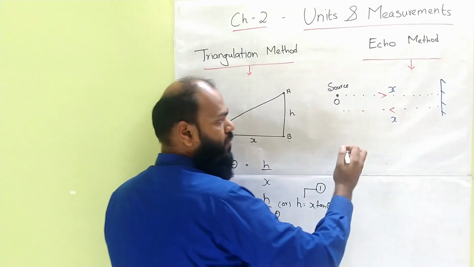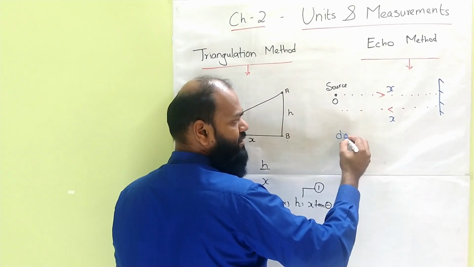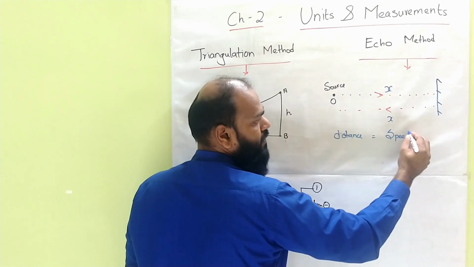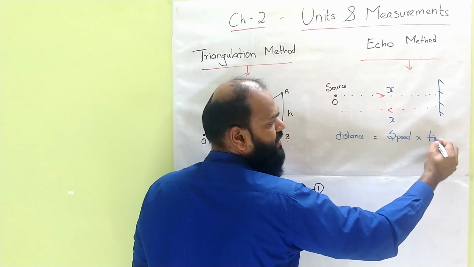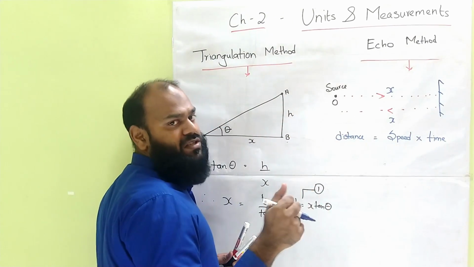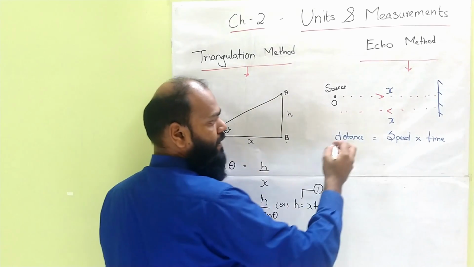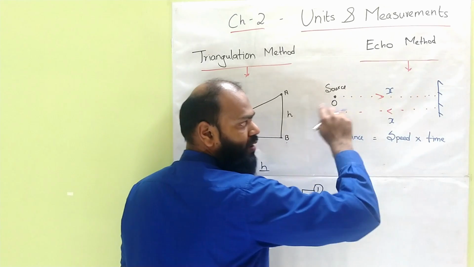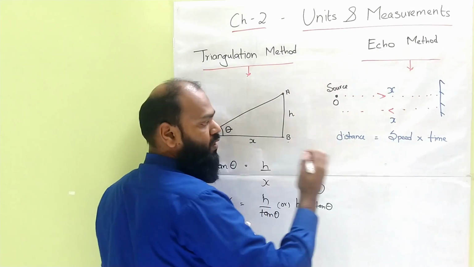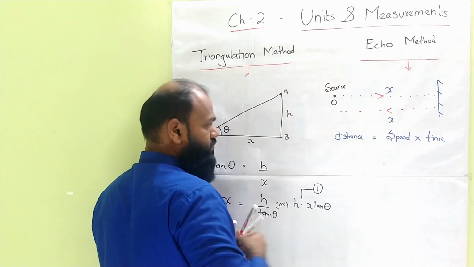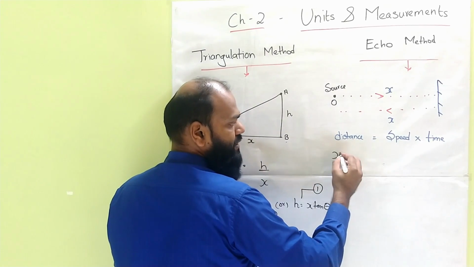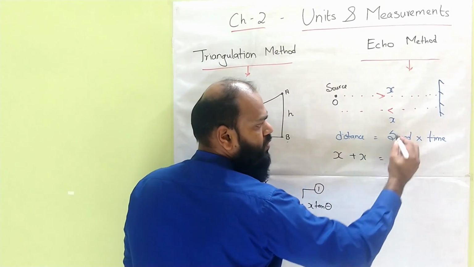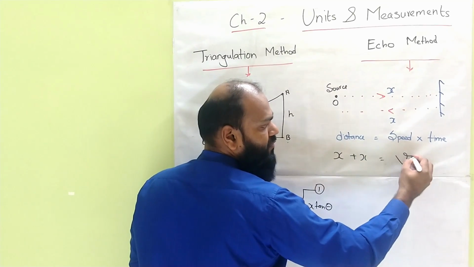Using the formula, we know that distance is equal to speed into time. This is a basic equation of time and motion. Now we have two distances, the distance towards the wall and the distance away from the wall. So we have 2x, x plus x, is equal to speed times time.